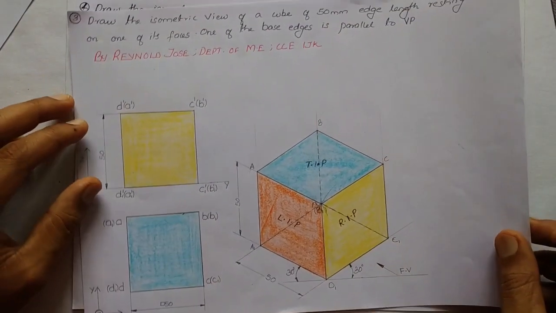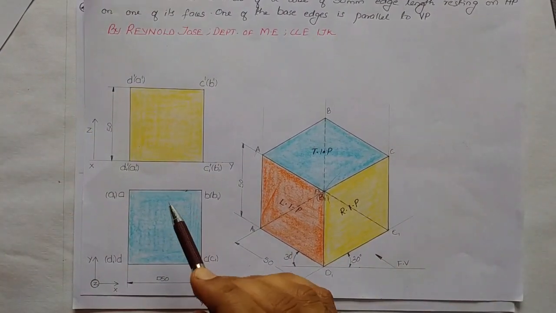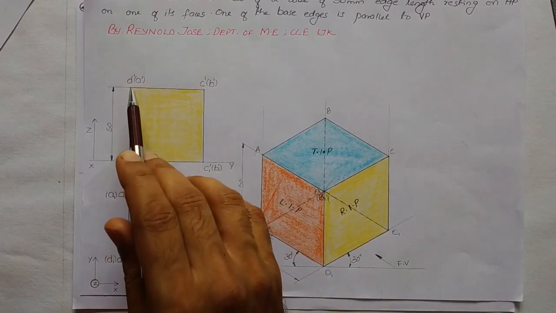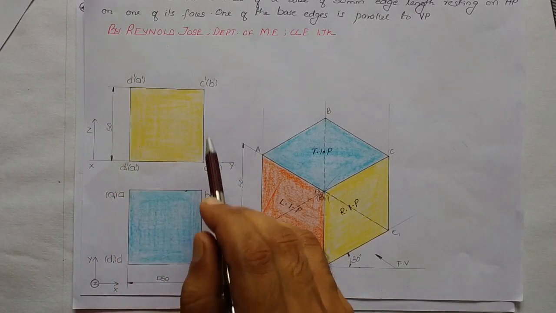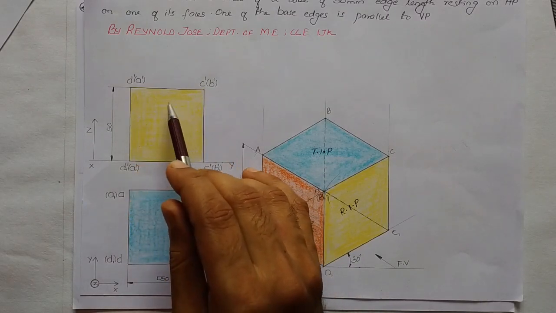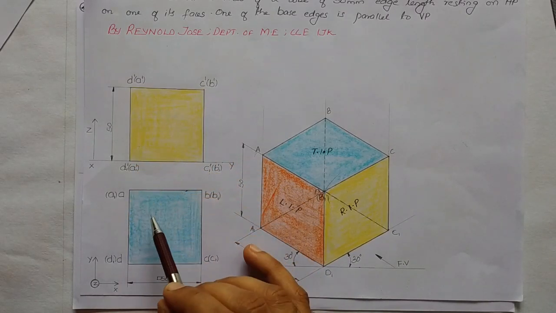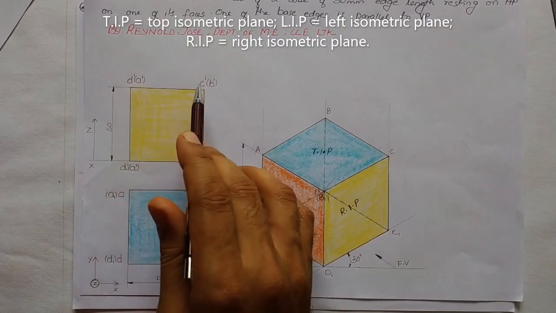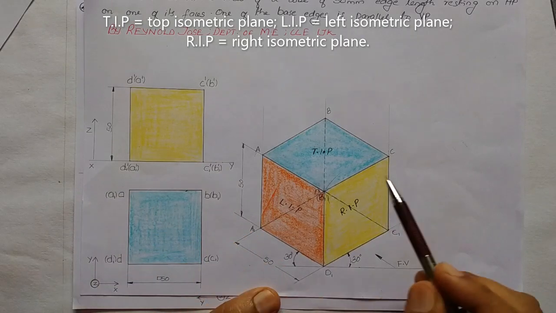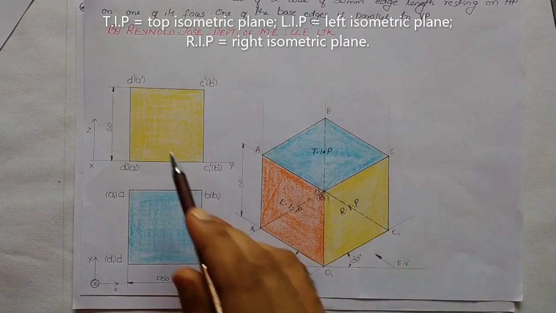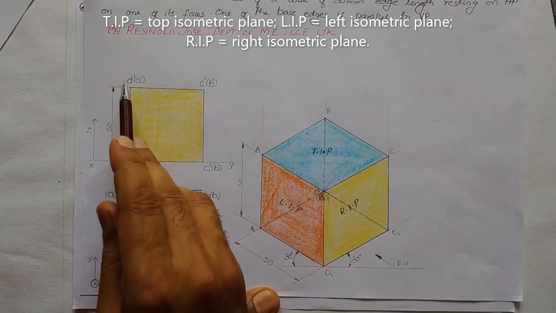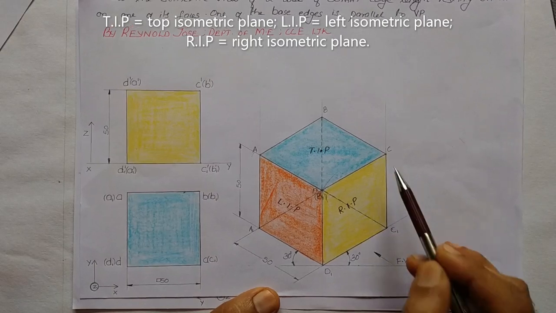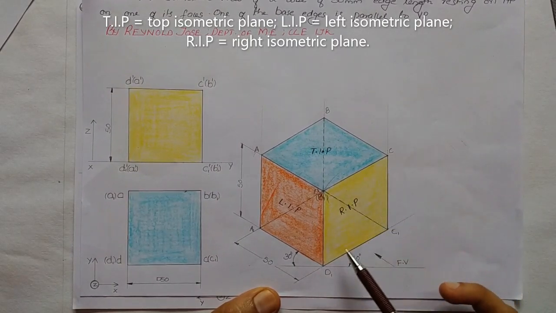So in question 4.3, here I have just colored the various faces. The front face, that is d' d1' c1' c', is colored in yellow, and the top face, that is a b c d, is colored in blue. So when you are drawing the isometric view, this front face is on the right isometric plane.